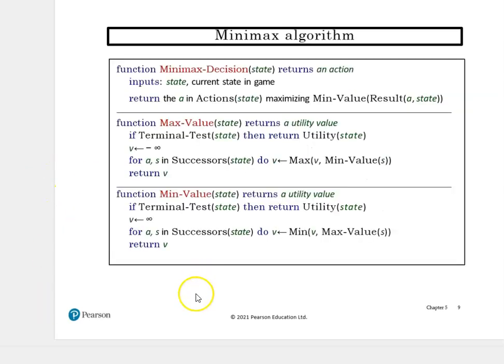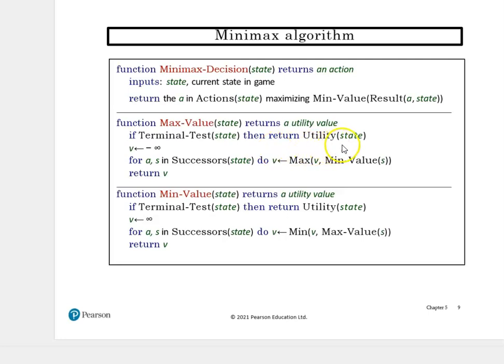So, in a sense, we can summarize this min-max at a given state. Okay, you pass in the state, the current state of the game, and it returns an action, maximizing the min-max value. And then you have the function max value at a given state.